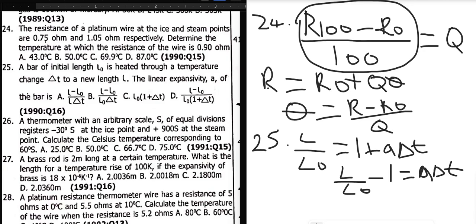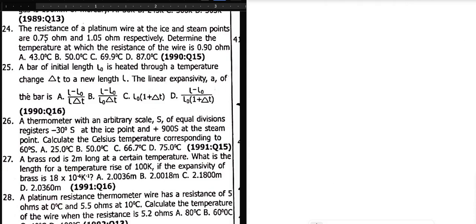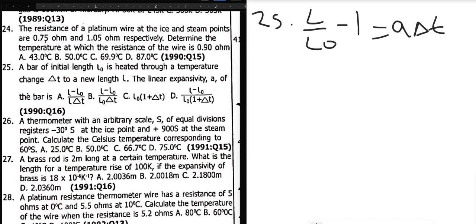Okay, so we're still on 25. We ran out of space. So we were at L over L0 minus 1 is equal to A change in what? Change in T, right?